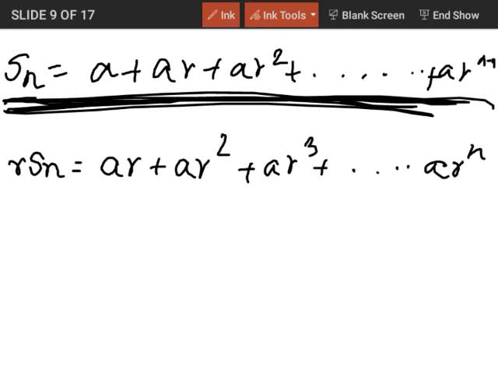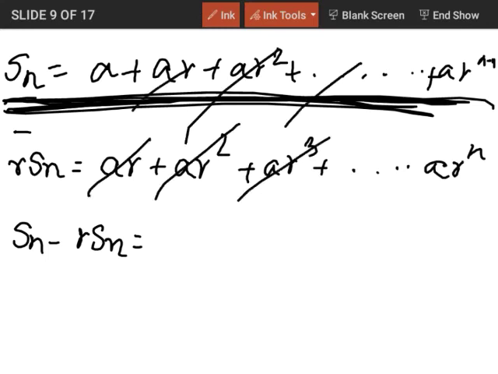Now after doing this, if I subtract these two, Sn minus rSn is equal to, see, this term gets cancelled, this term gets cancelled, and similarly all of these get cancelled, and what will be left is a minus ar^n.